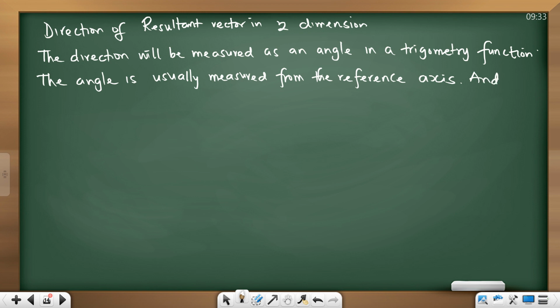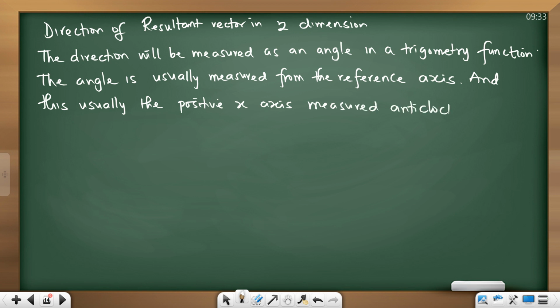And this is usually the positive x-axis, measured anti-clockwise.